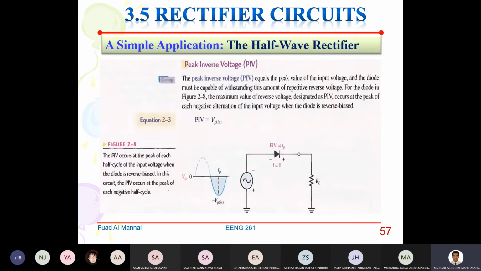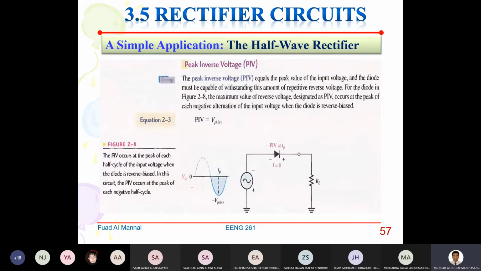But if the voltage that you're going to deal with is, say, 40 volt peak, and the manufacturer PIV is 30 volt peak, then you are exceeding the manufacturer PIV, and that's a no. It means don't use it.